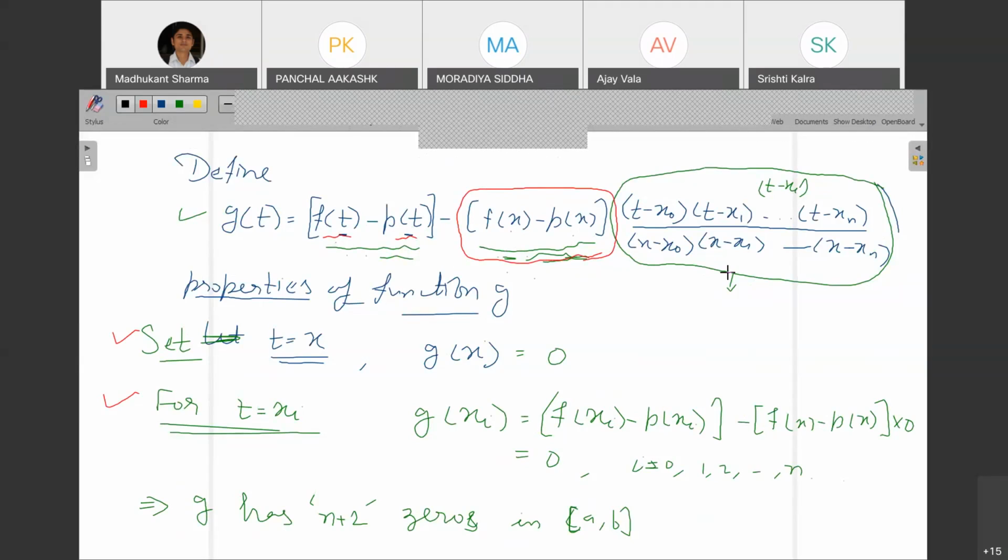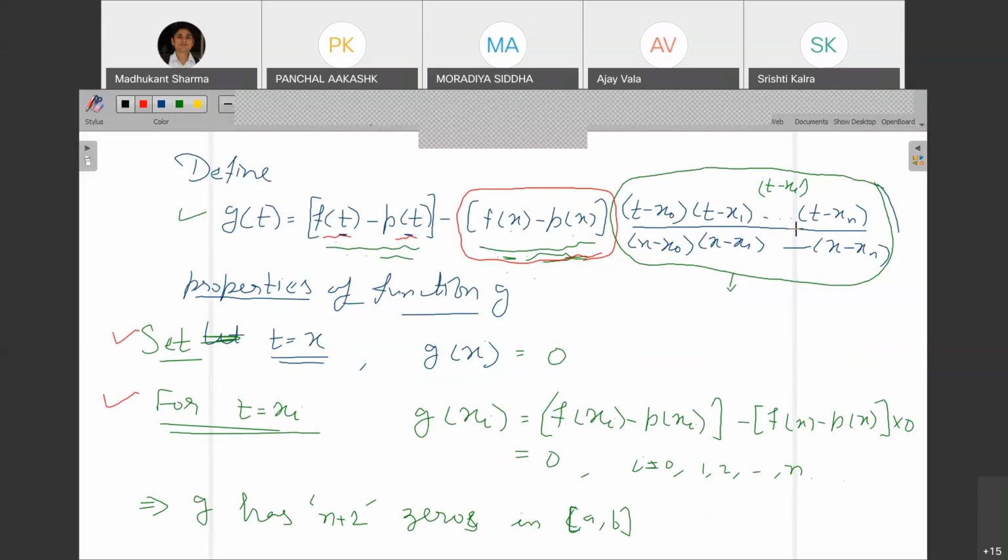You are differentiating f of x minus p of x divided by x minus x naught to x minus xn, which is a number, times the numerator, a polynomial of degree n plus 1 with leading coefficient 1, that is t minus x naught to t minus xn. So the n plus 1 derivative is n plus 1 factorial.